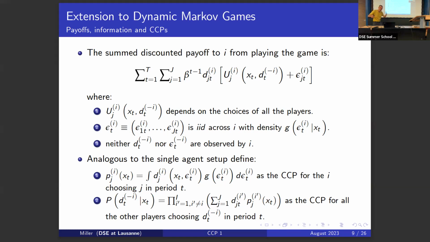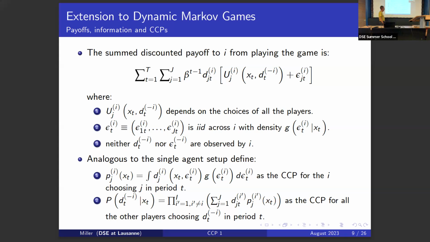And then I'm going to be thinking about, well, what's a Markov perfect Bayesian equilibrium in this setup? So all I'm going to be thinking about is, given the state variables, what is the probability of my choice under I?